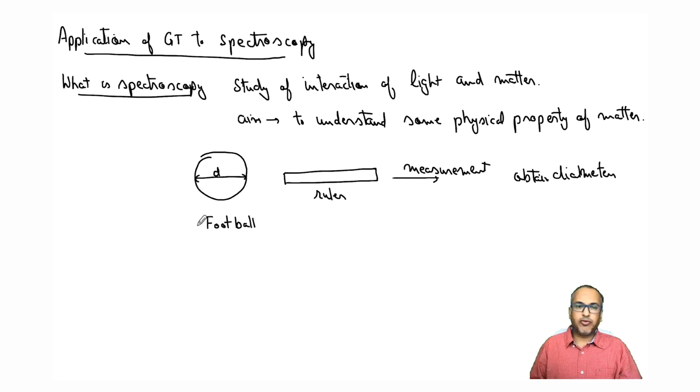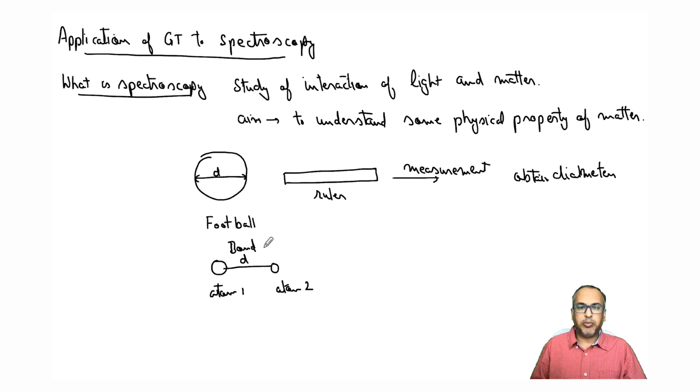This is a typical setup when you want to do any kind of measurement in a classical system. Now, in quantum systems, say you have an atom, and another atom, atom 1, atom 2. You want to measure the distance between the two atoms, or if they are connected, you can call it a bond. So you want to determine the bond length. You cannot really use a ruler to measure these distances.